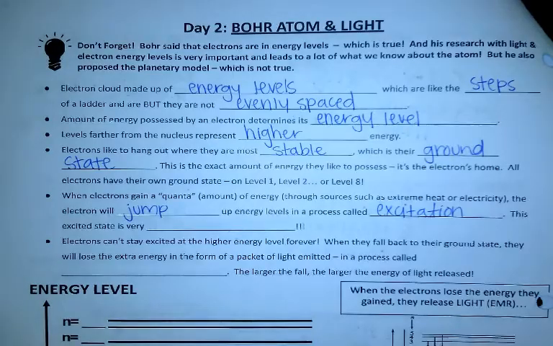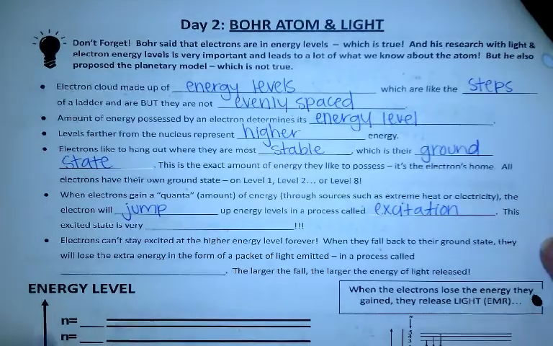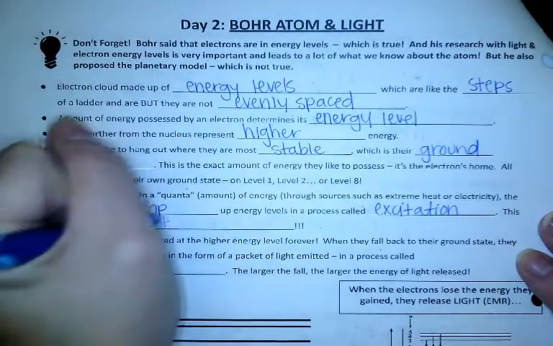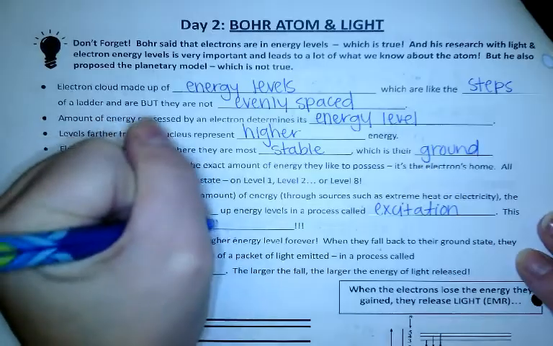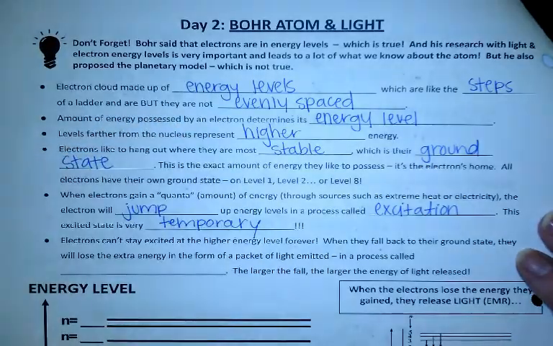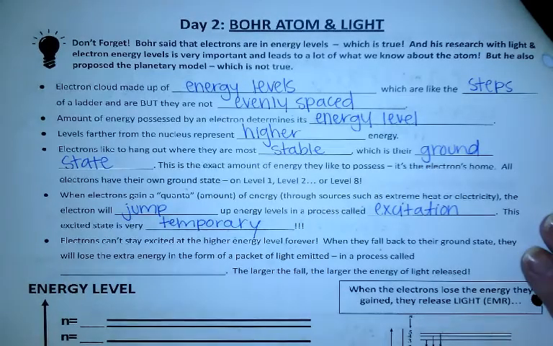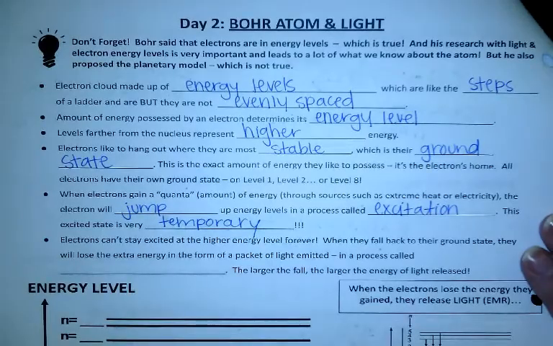Now, eventually what's going to happen is that it can't remain in this excited state. So this excited state is very temporary, okay? Just like a kid is not going to remain excited all of the time. Eventually you're going to crash. So electrons can't stay excited at their higher energy level forever.